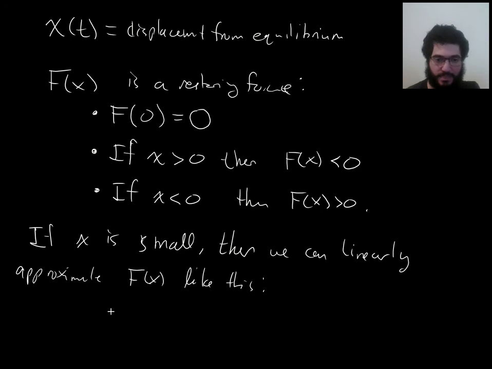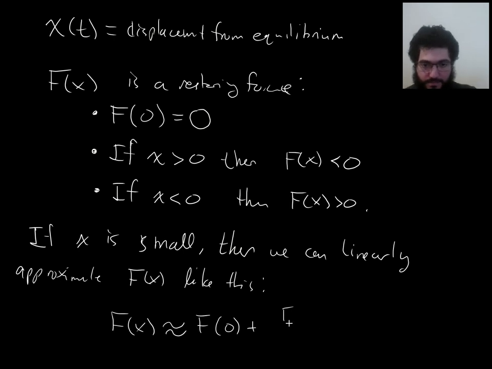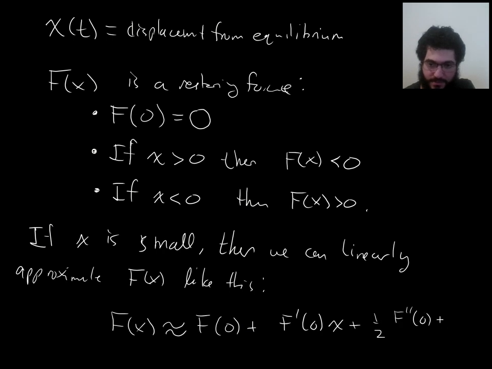from equilibrium, then f of x, well, think about the Taylor series for f of x, centered at x equals 0. It would be f of 0 plus the derivative of f at 0 times x plus 1/2 the double derivative of f at 0 times x squared plus higher order terms.